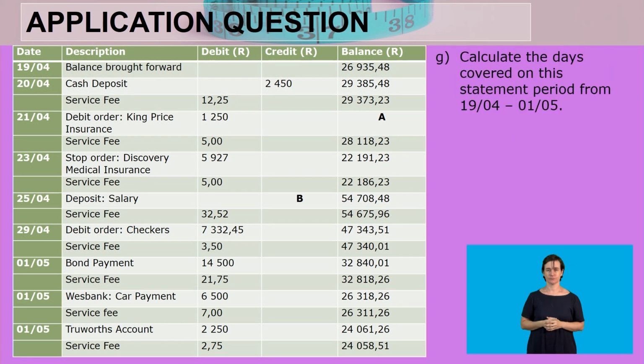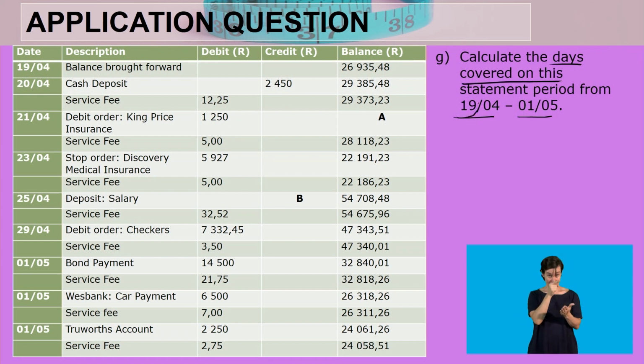Now number G says: calculate the days covered on this statement period from the 19th of April up to the 1st of May. You need to know how many days there are in April as well as in May. In April we have 30 days, so April ends on the 30th and May on the 31st. We start counting from the day that appears on the statement.